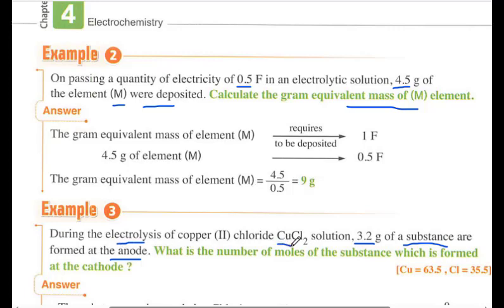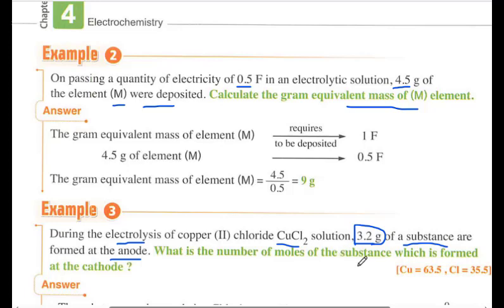Which of them here is the anion, copper or chlorine? Chloride is an anion, so it is oxidized at the anode, loses two electrons from two chloride ions and is oxidized into chlorine gas. So the substance formed here is chlorine.